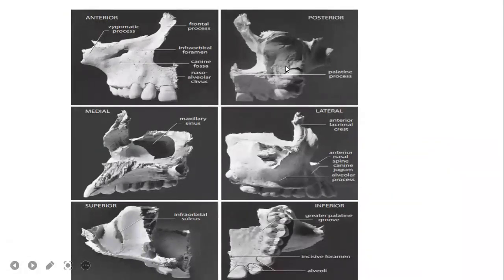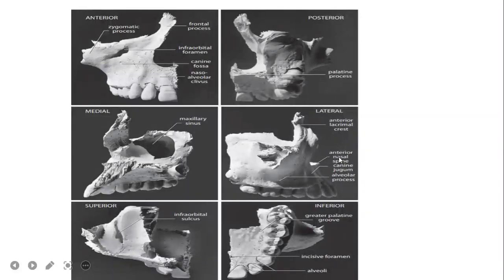From the posterior view, we have the palatine process right here. This other one is the zygomatic process, and this other one is the frontal process. From the medial perspective, we have the maxillary sinus right here. Then from the lateral view, we have the anterior lacrimal crest, located right there.